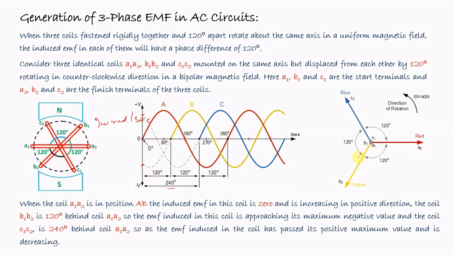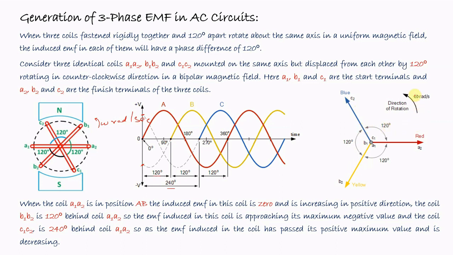That means the EMF induced in the coil B will be 120 degree lagging the EMF induced in the coil A. And similarly, the EMF induced in the coil C will be lagging the EMF induced in the coil B again by 120 degree.